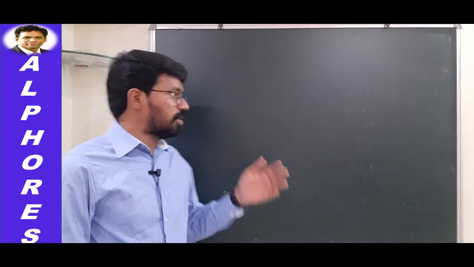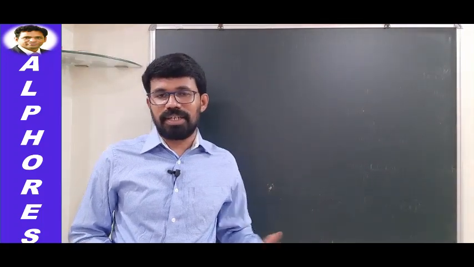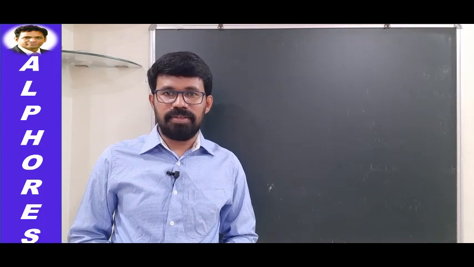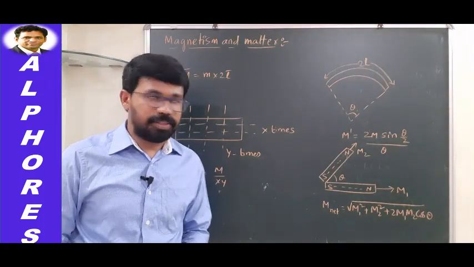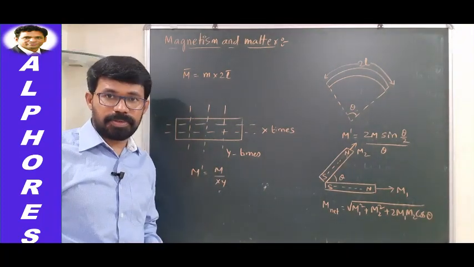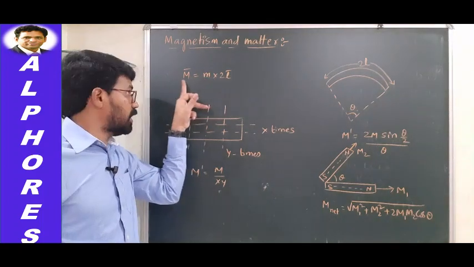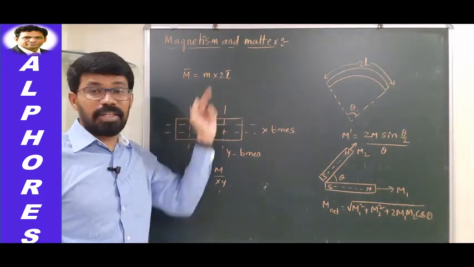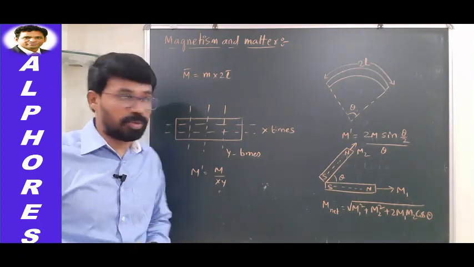Before that, I will give you briefly the entire data that is connected with the numerical part. So these are a few points that we have covered in the earlier sessions. This is the expression for magnetic dipole moment: M bar is equal to m into 2L bar. This small m is pole strength, capital M is magnetic moment, 2L is the length of the bar magnet or magnetic length, the separation between south and north poles.